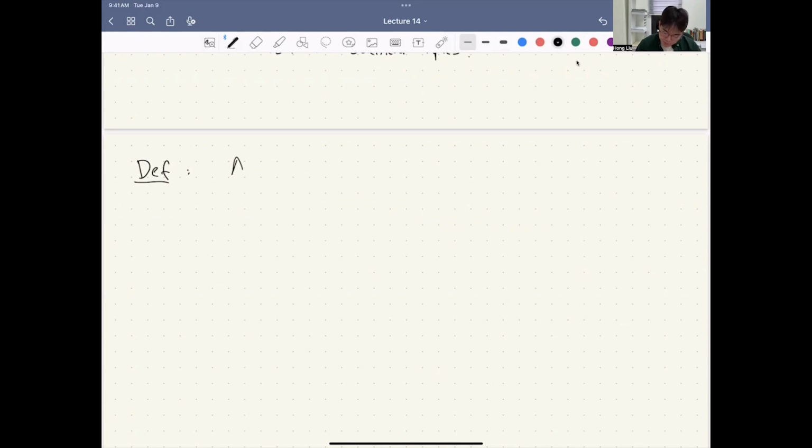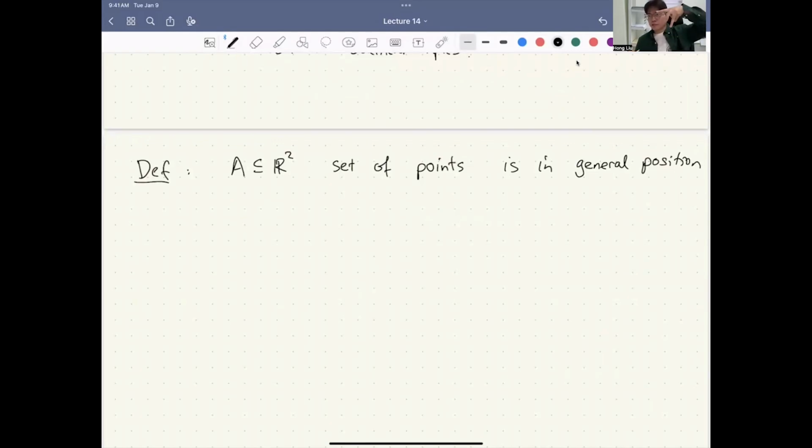A set of points in the plane is in general position, which is very simple, if there are no 3 points on a line, no collinear triple.